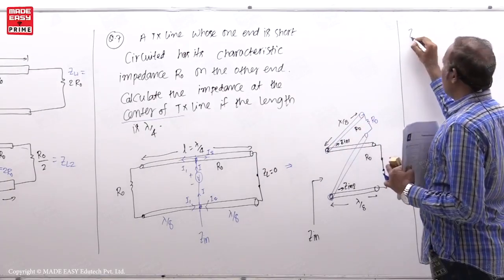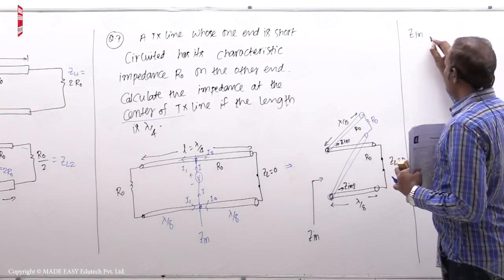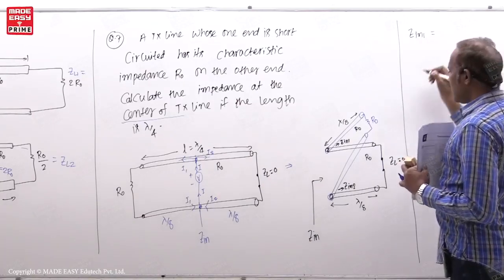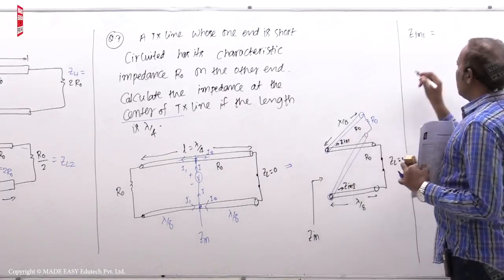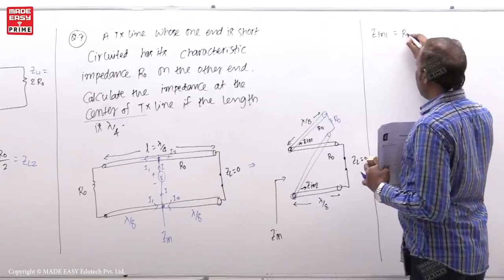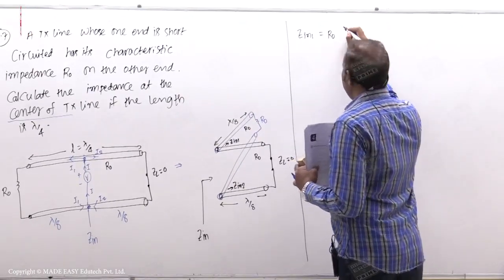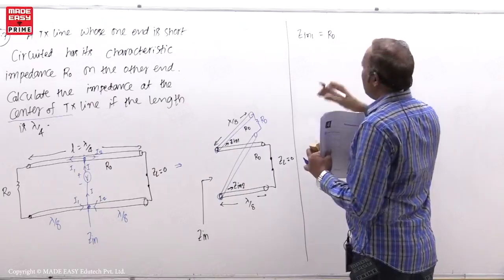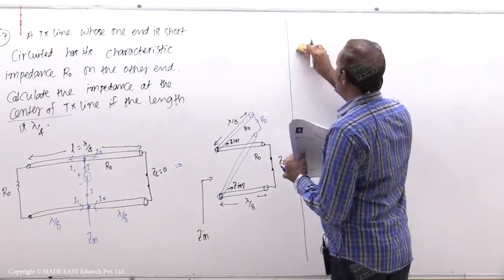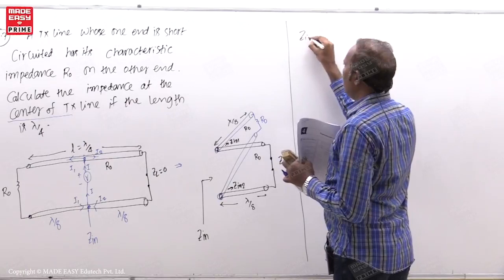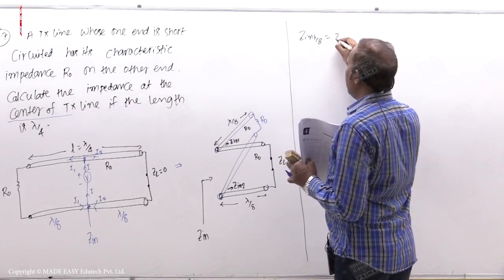Now, Z in 1 is equal to, directly I am writing, R naught. First I will write the formula so that you will be comfortable. What is the input impedance of lambda by 8 line?